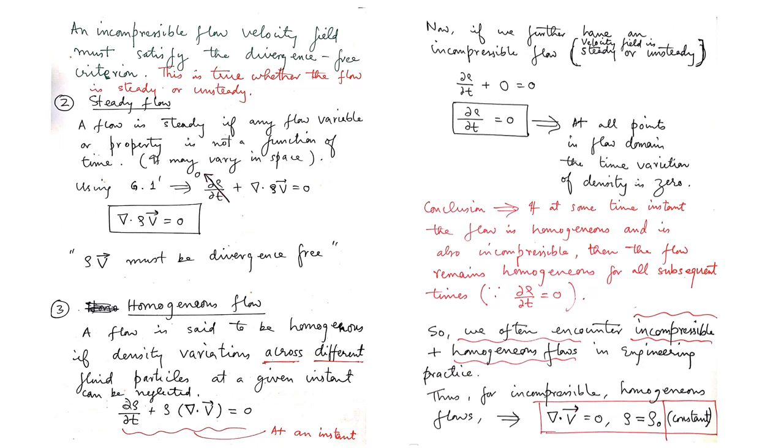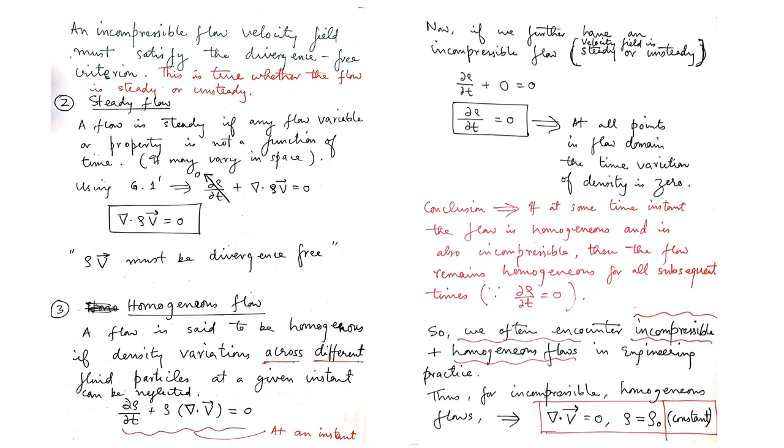Homogeneous flow. Now what is a homogeneous flow? Let us try to understand this. A flow is said to be homogeneous if density variations across different fluid particles at a given instant can be neglected. Okay.